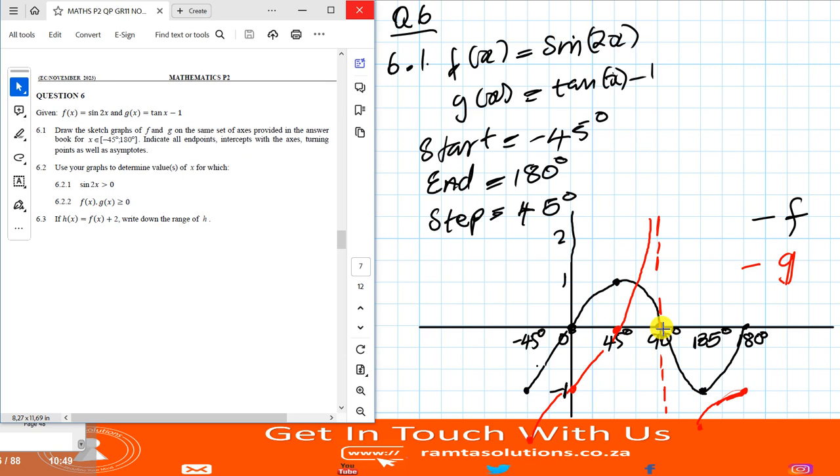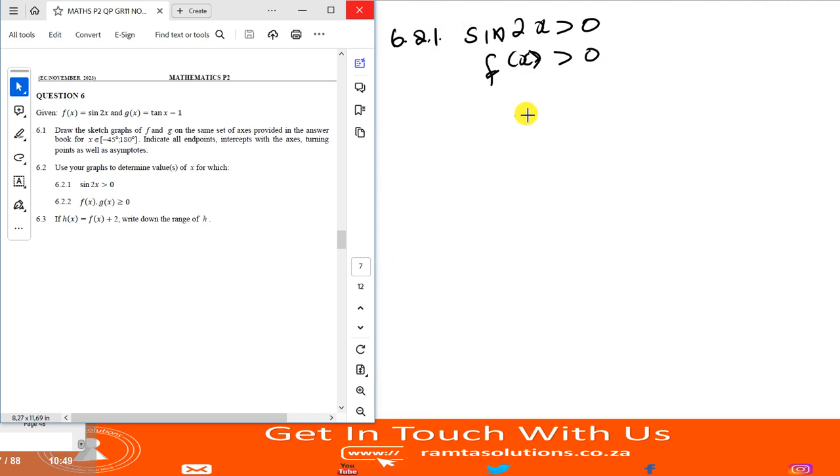So when x is greater than 0 degrees but less than 90 degrees, f is positive, meaning its y value is positive. All x values greater than 0 but less than 90, f of x is positive.